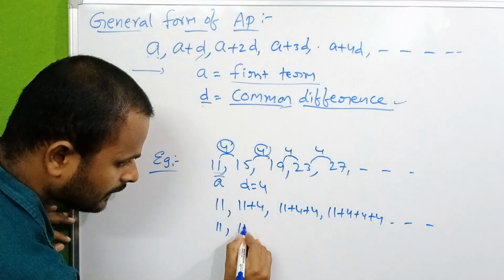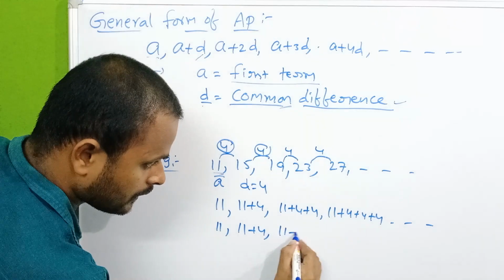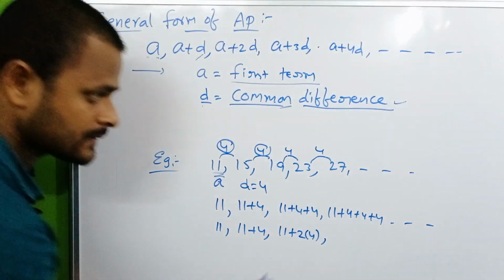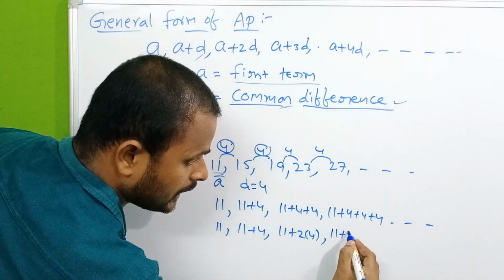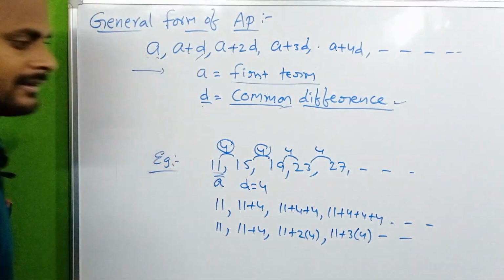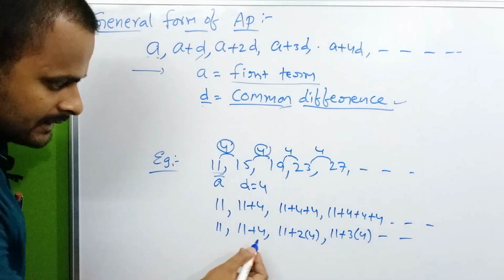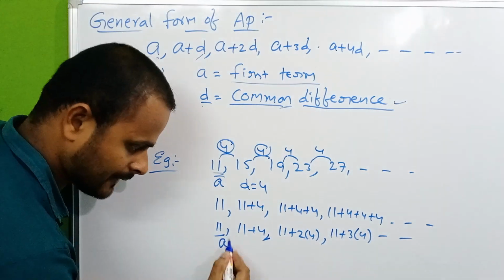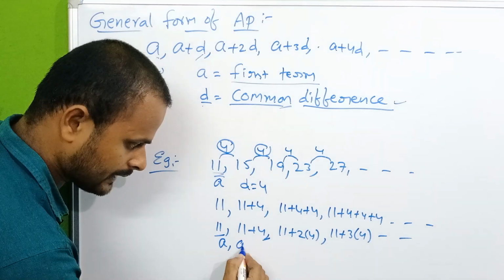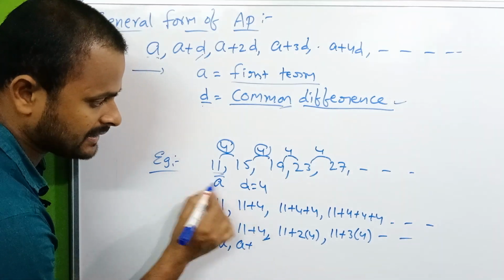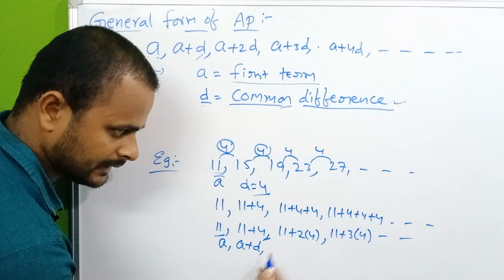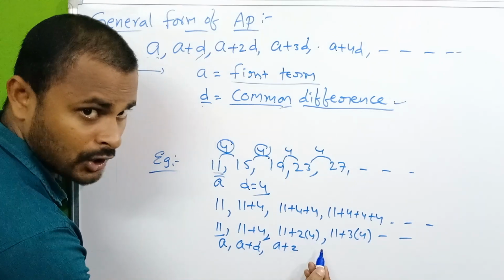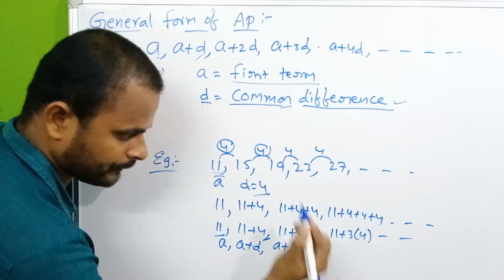Means it can be written as 11, 11 plus 4. How many 4s here? 2 4s. So 11 plus 2 fours. And here how many 4s? 11 plus 3 fours, like this way. So this is the common difference d. This is a. And the second term is obtained by a plus the common difference, 4, that is d. The third term is obtained by a plus 2 into the common difference. 4 is the common difference, so 2 fours, 2d.